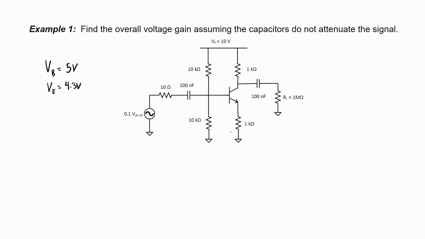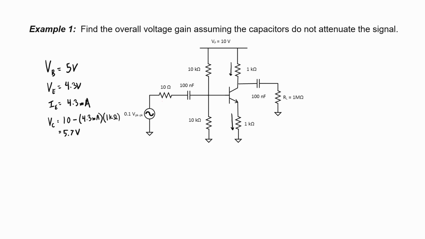What's our emitter current now? Well, it's going to be 4.3 divided by our emitter resistance, which is just 1 kilo ohm. We'll now assume that our collector current is nearly equal to our emitter current, and we'll find the voltage at the collector. It's going to be 10 minus my emitter current times my collector resistor, 5.7 volts.